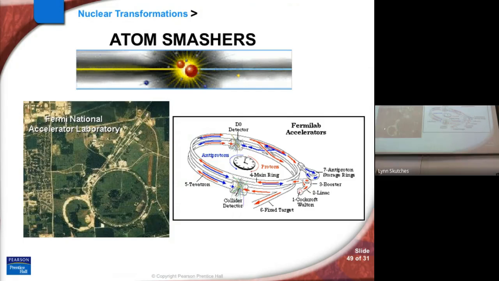And then there are 2 circular speed-up rings. They pulse electricity and magnets to give the particles a little push around until they get up to almost the speed of light. They're going around in separate rings, and then they turn them so that they collide. And that causes an event in the detector.